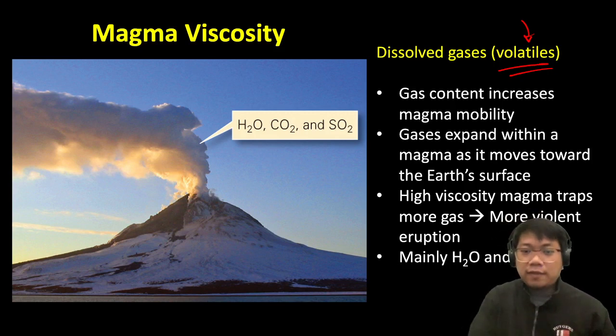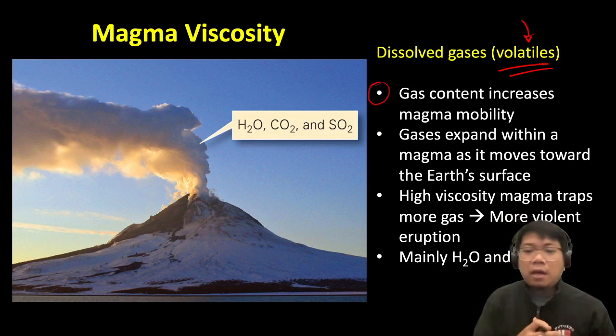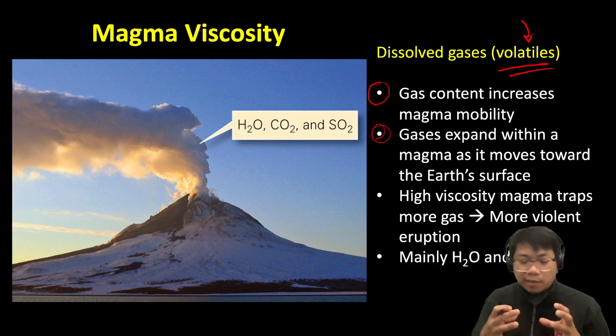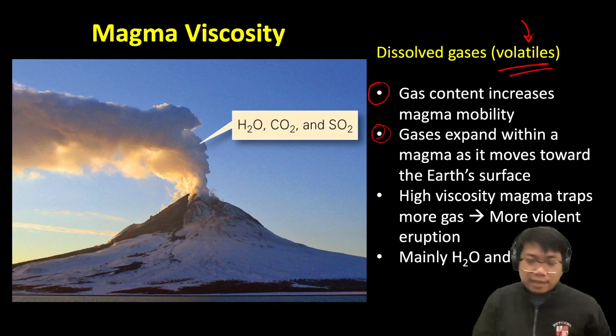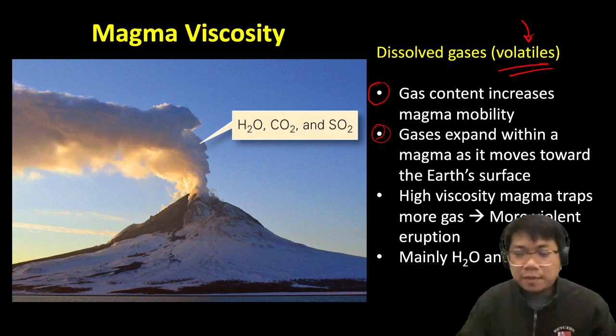The reason for that is because gas content increases magma mobility, and this is another thing we need to be aware of: when gases are inside the ground, there's a lot of pressure that keeps them in a much smaller volume, but as they travel towards the surface, these gases will expand in volume, and that could cause violent eruptions.